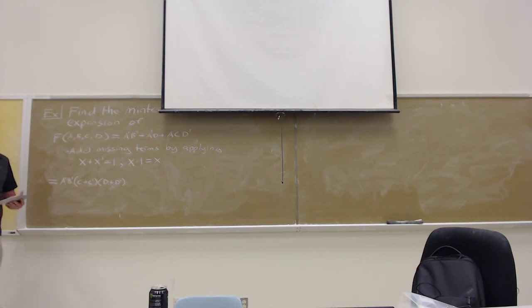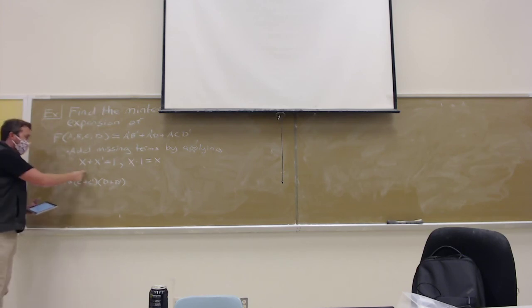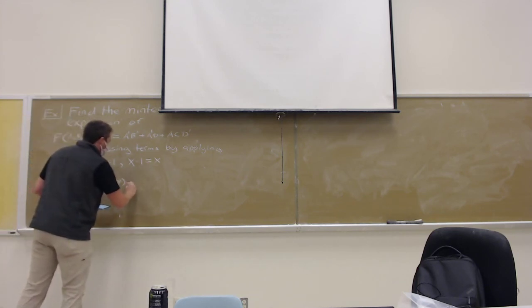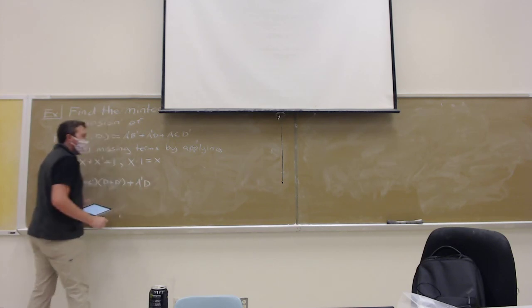Does that make sense? If you understand that part, everything else is easy. Whatever variables are missing from the term, we AND them back in by ANDing with that variable or its inverse. Because that's equal to 1, and ANDing with 1 is itself, we're not changing the truth table by doing this. So, A' D, what are we missing?